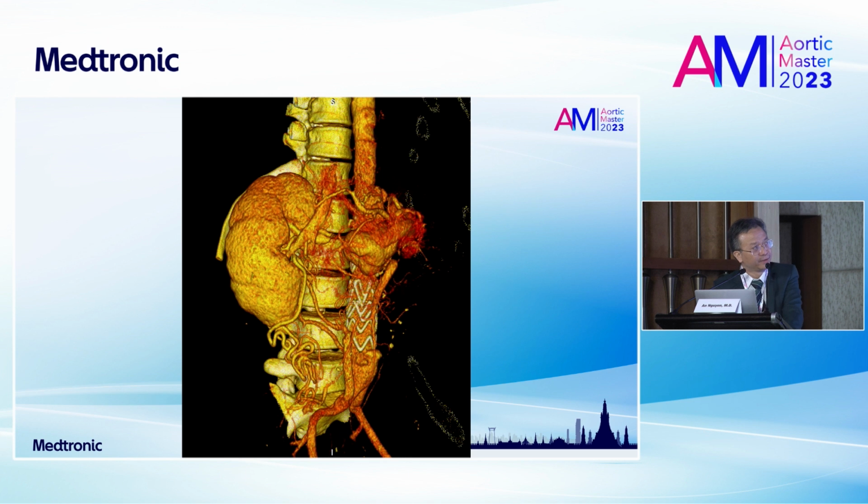Another case that we need to do the open version is because this patient is around 30, and he was operated 2 times before coming to us. Firstly, it was a rupture of the thoracic aorta just above the subclavian, the diaphragm.